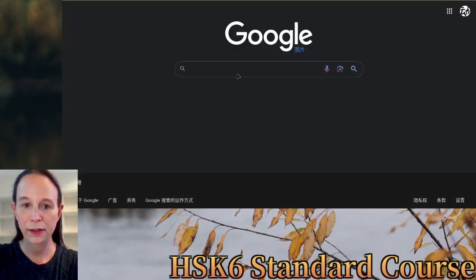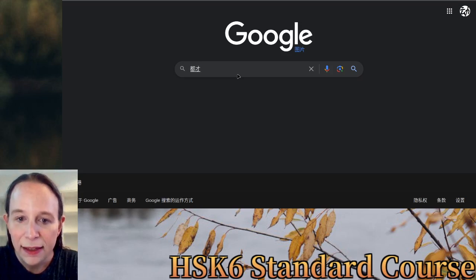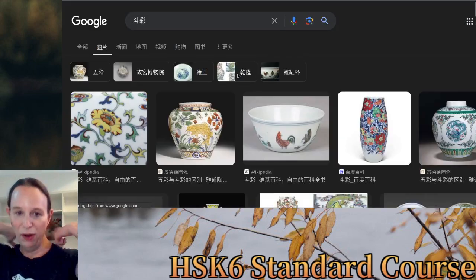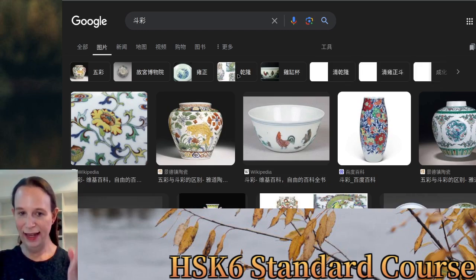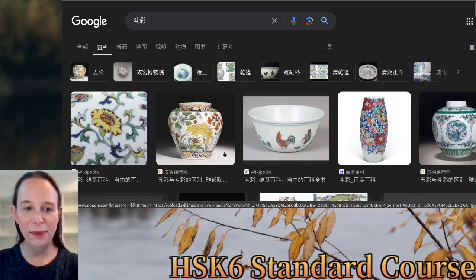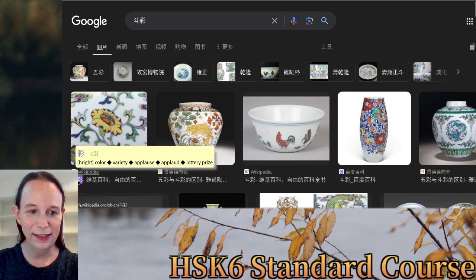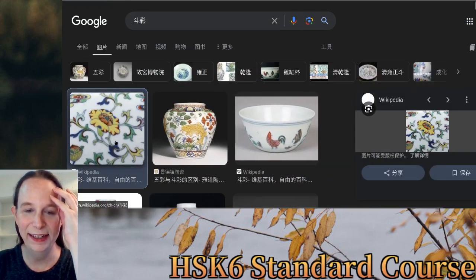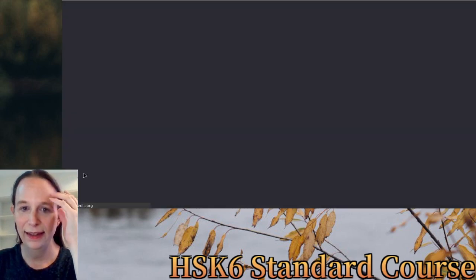This one. It's like glaze, or what's it when you have pottery and you have a kind of layer on top? What is it called in English? Does it say? Oh, maybe it is glaze in English as well. It's not in the dictionary. Let's just check Wikipedia then. That'll work.